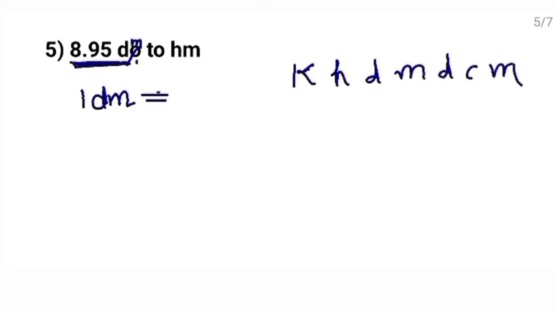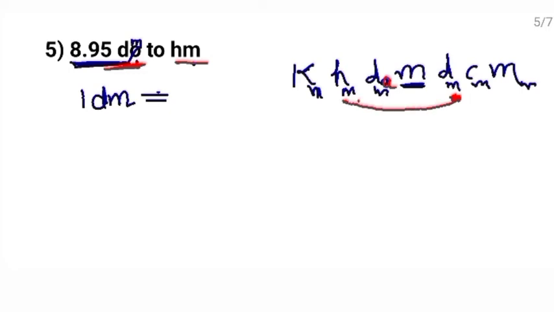Basic unit is meter, so middle unit will be meter. Now this is kilometer, hectometer, decameter, meter, decimeter, centimeter, millimeter. Value is given in decimeter. This is the decimeter, don't get confused. This is decameter, DA, right? This is the decimeter, and you want to convert it into the hectometer here.